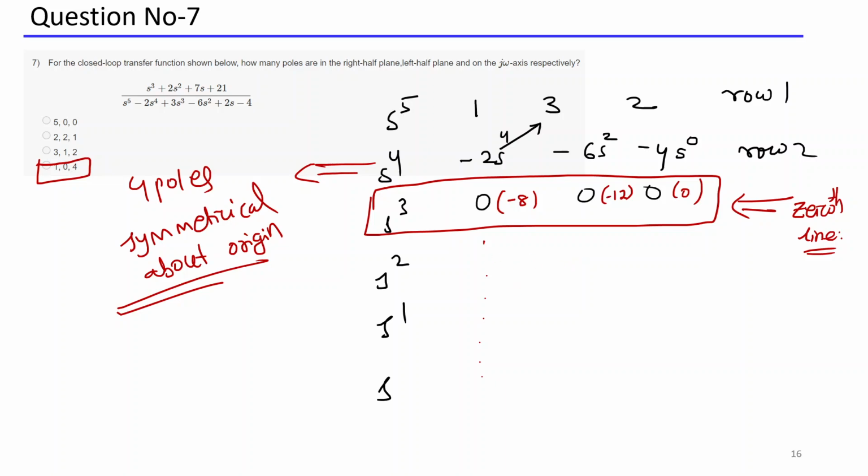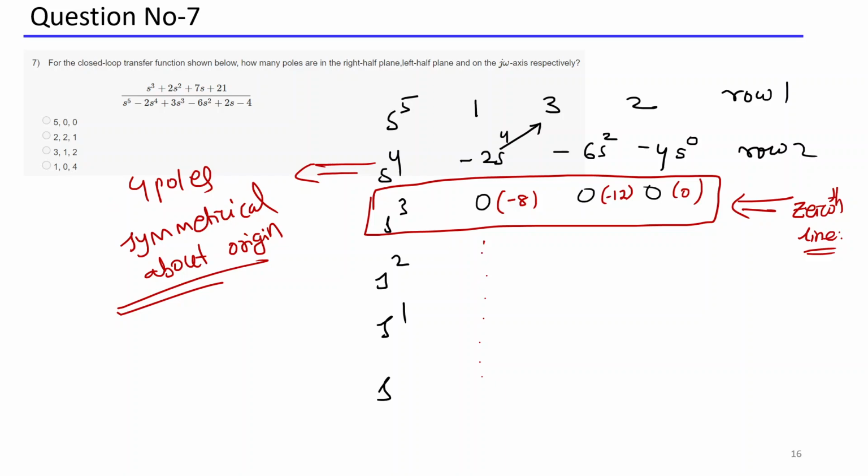Two sign changes below the 0 line. If there are two sign changes below the 0 line, then there should be two poles lying in the right hand half plane. Then how can you say option 1 is correct?